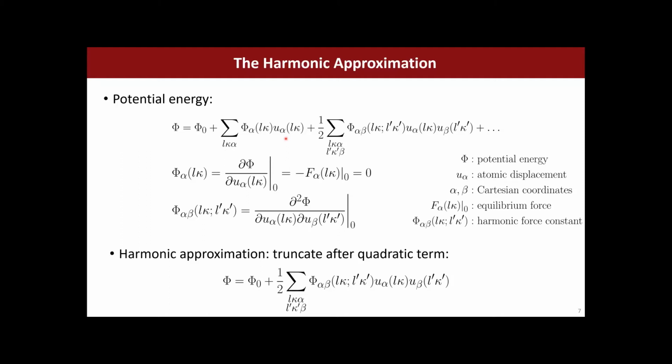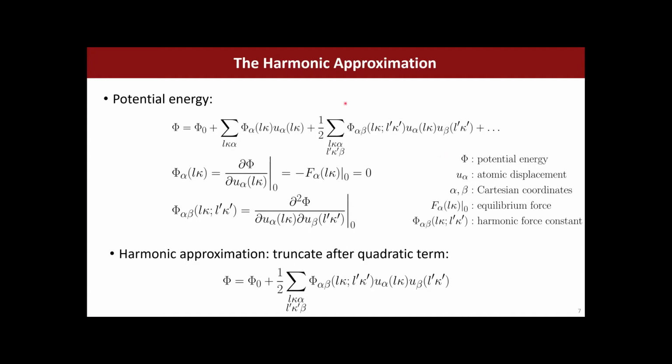We displace an atom along the Cartesian index alpha, which can be x, y, or z, or really any arbitrary index in a coordinate system. And we just keep expanding this. For the harmonic approximation, we stop after the second term here, and we are trying to figure out if we can use this to calculate the motion of the crystal.